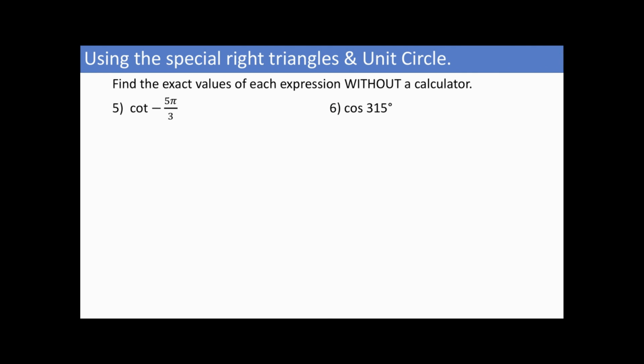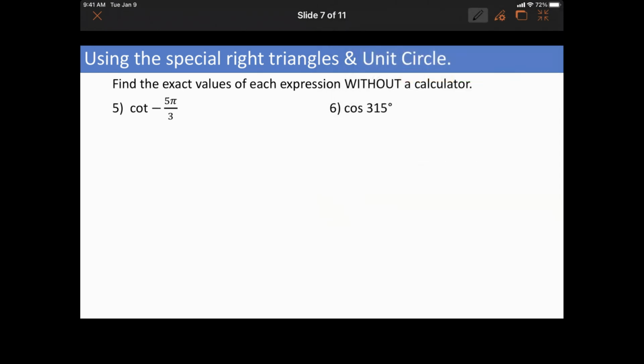Yep, wait, there's more. We're going to keep doing them because you'll recognize some numbers. You'll get to start to see some patterns. All right. Quadrant. What quadrant does this fall in? It's negative. Now, what's my reference angle? 60, right? 3 is in the denominator. So it's going negative.